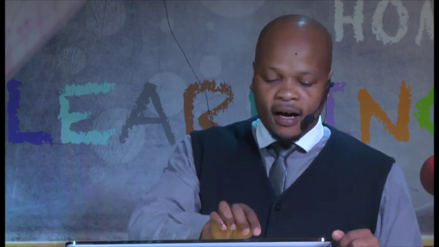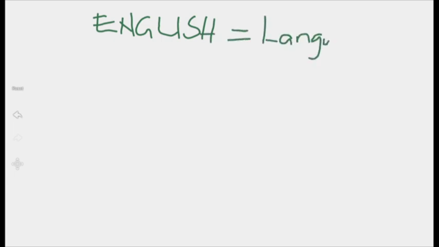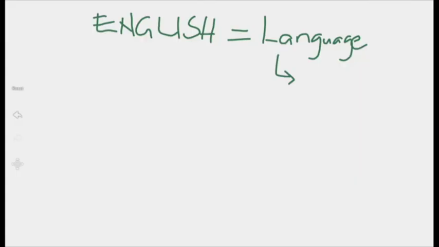Here's how it is. The language, as far as English is concerned, like I've already stated, is a language. So as a language, the one thing that is important is that it's not easy to learn it, it's not easy to teach it. So the one thing that we can do is to help students to acquire it.